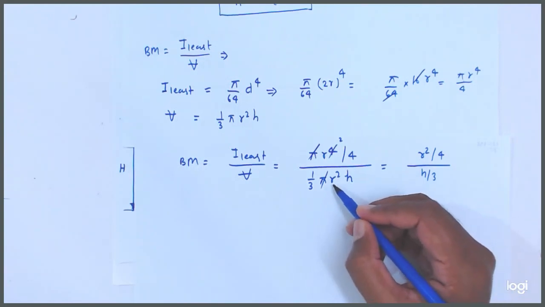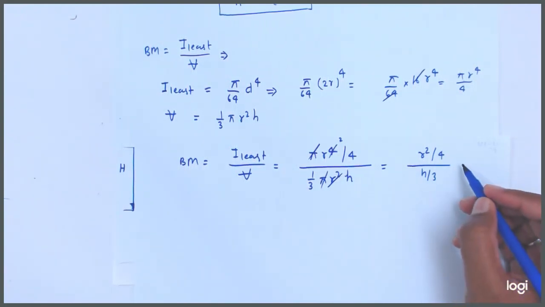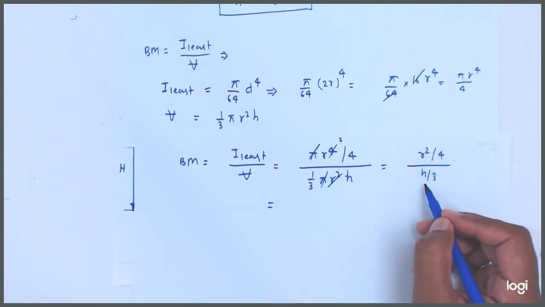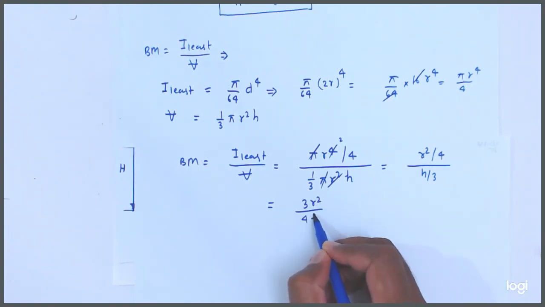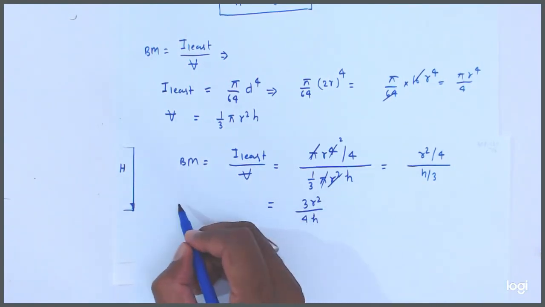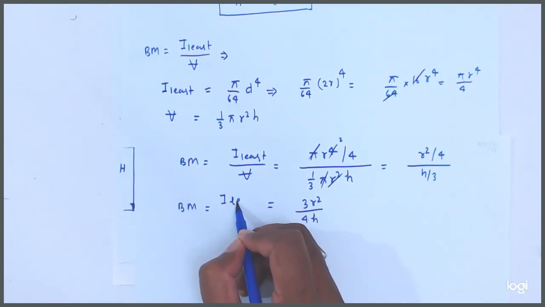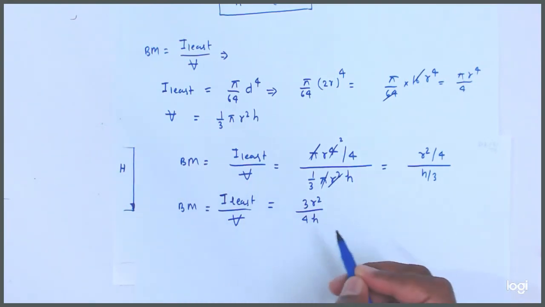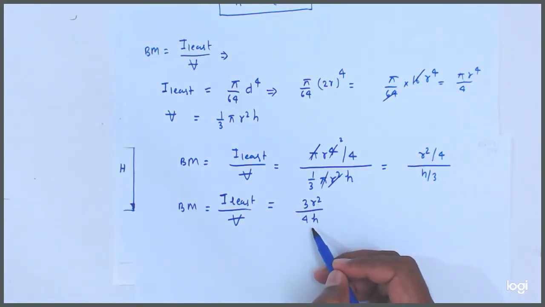So the 3 goes up and the 4 comes down, so it will come 3r² by 4h. So BM is equal to I least divided by volume of liquid displaced, which is 3r² upon 4h.